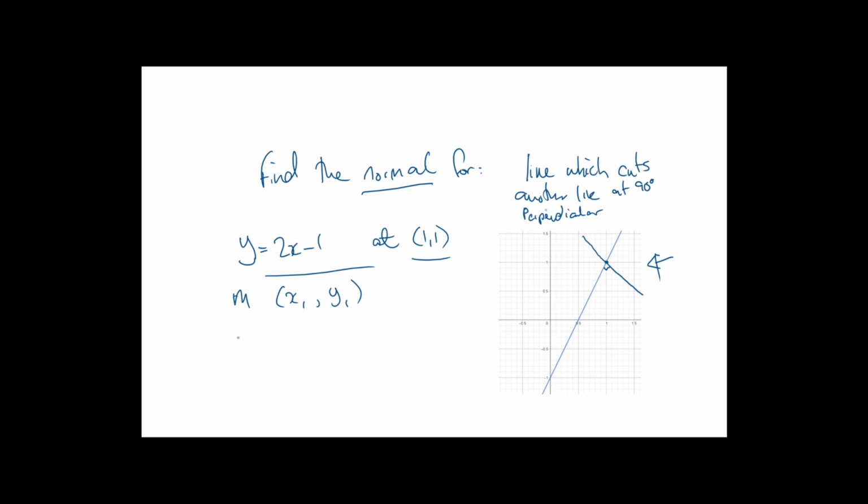Well, we have a little formula: m1 m2, when we multiply them together, we get -1. m1 is the gradient of the tangent or the line, and m2 is the gradient of the normal.